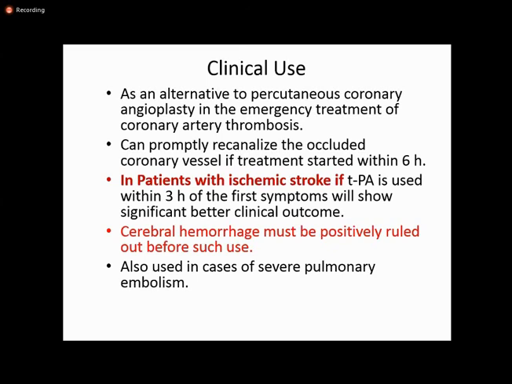Cerebral hemorrhage must be positively ruled out before such use. You will have to confirm whether this is an ischemic stroke or a cerebral hemorrhage, right? Also used in case of severe pulmonary embolism.